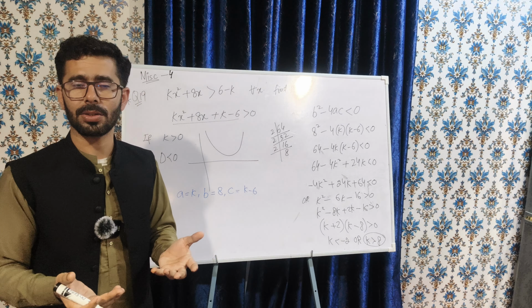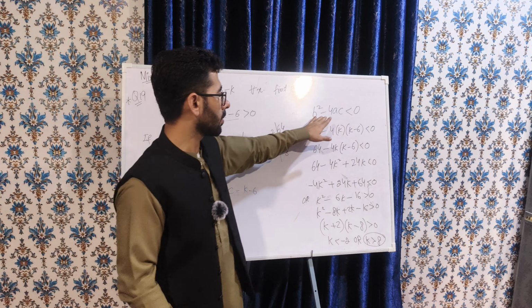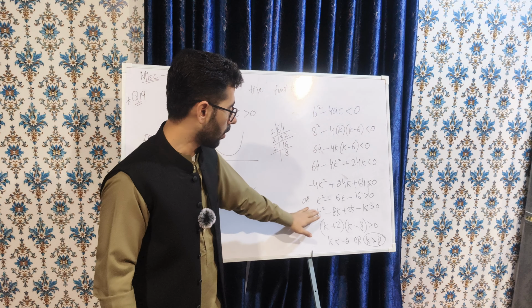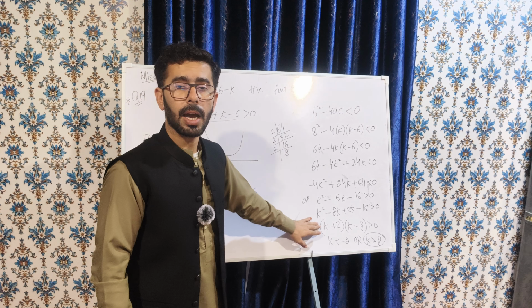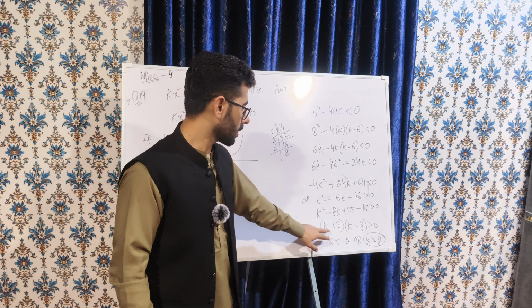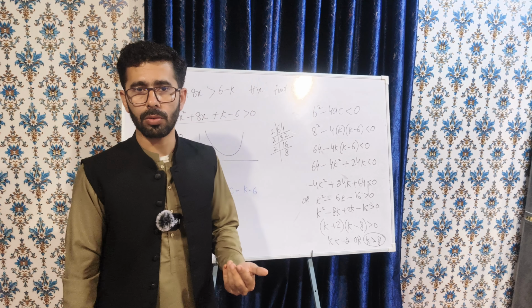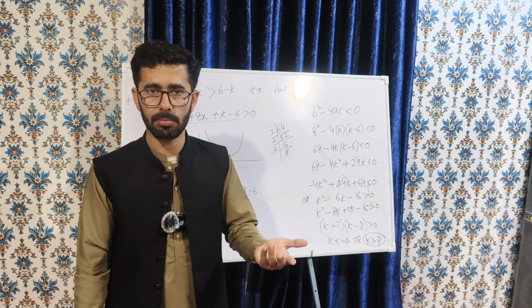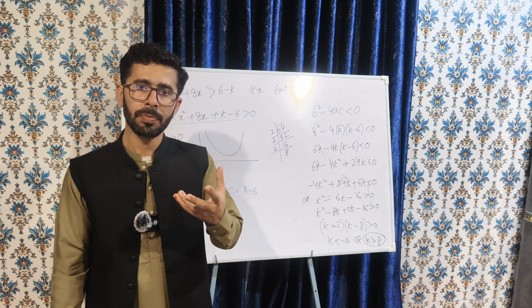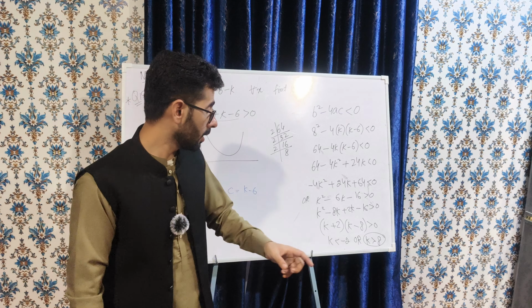So we take the coefficients a, b and c, we put them in discriminant less than 0, and we solve it all the way down. I get reduced to two factors, k plus 2 times k minus 8 bigger than 0. So my lower root would be alpha, minus 2, and upper root would be beta, plus 8.